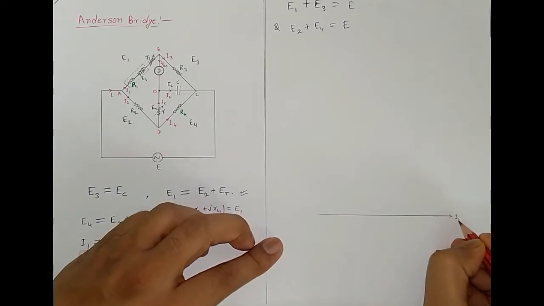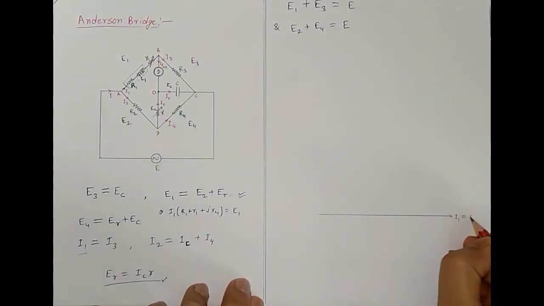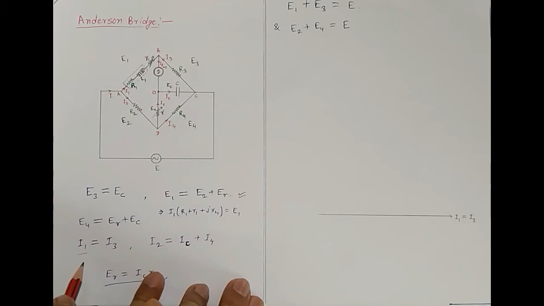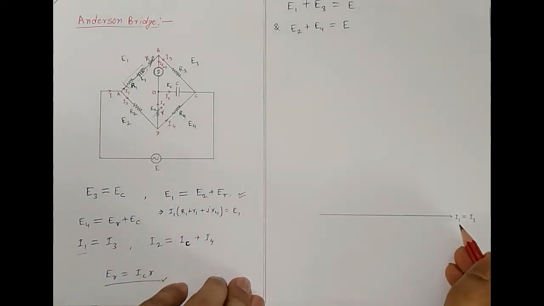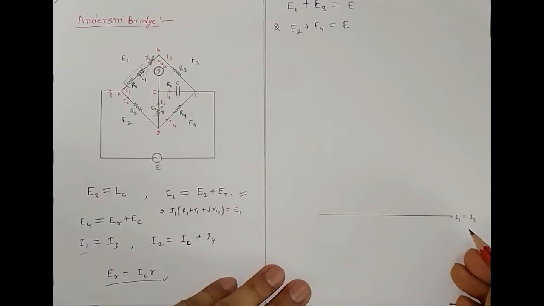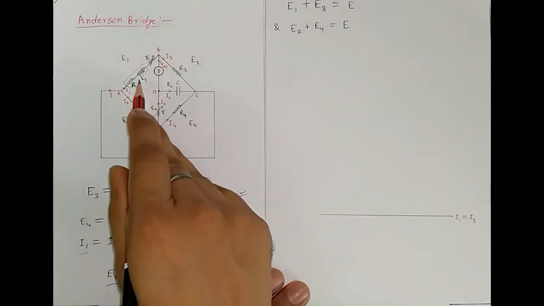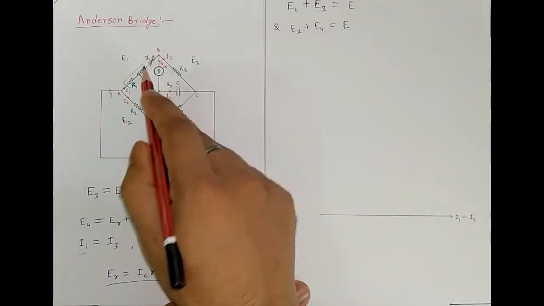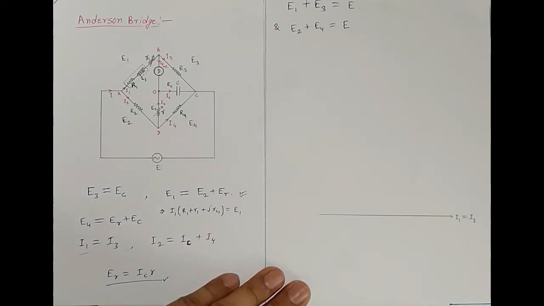If this is I1, then obviously this will be equal to I3, as from the equation. Now, if I know the direction of I1 and I3, the I1 into R1 plus r1 will be in the same direction, because in a resistance there is no phase difference.